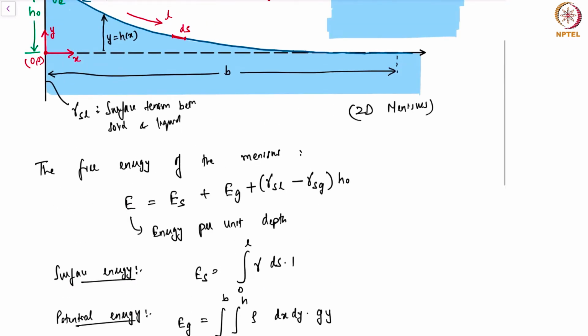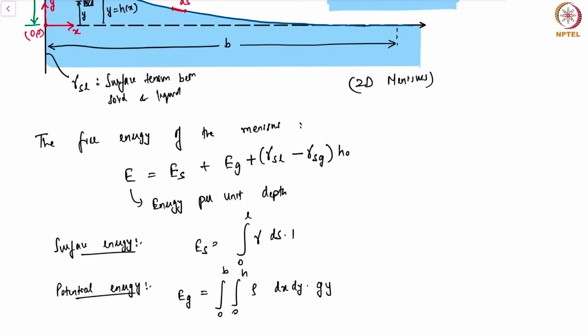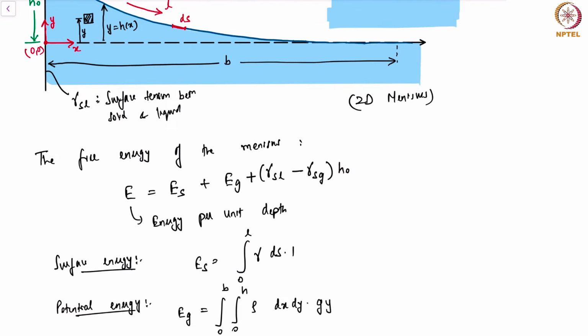So what exactly we are doing is taking a small element at a distance of y, and the volume of that mass is nothing but density times dx dy into unit depth 1. Now we have mass, and the potential energy would be mass times gravity times the height, and I have to scan the entire region above y equal to 0, above the dashed horizontal line.